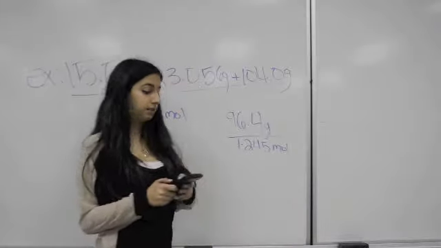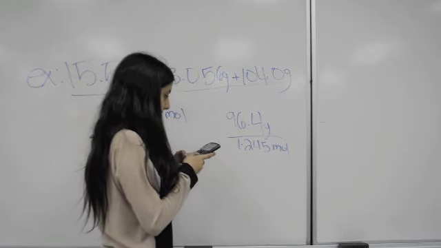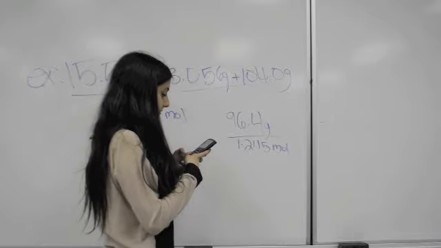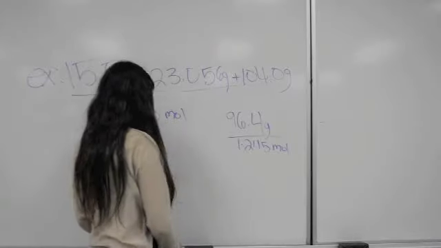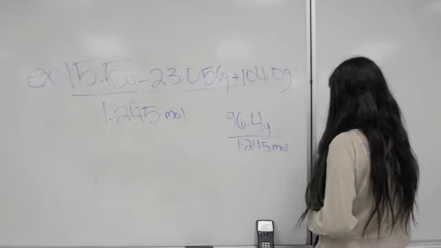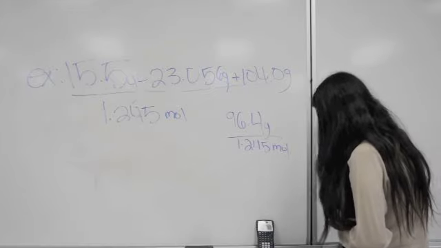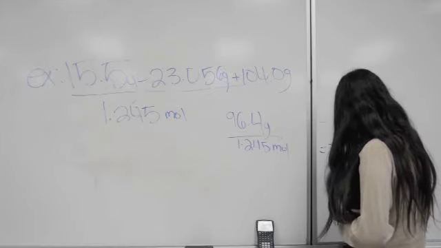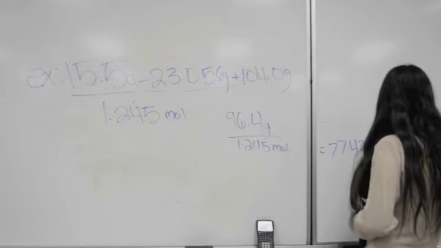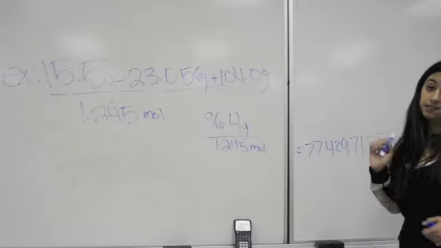Now, when you put 96.4 divided by 1.245 into a calculator, our answer would be 77.42971888.